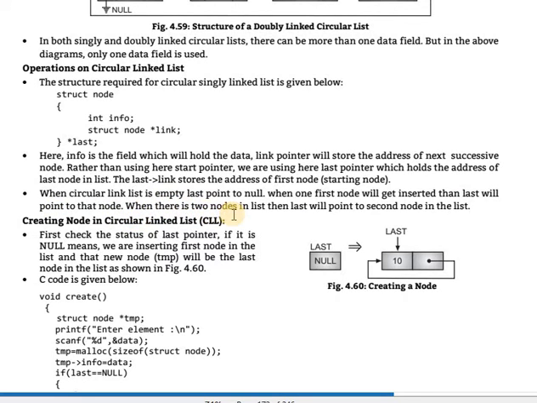When there are two nodes in the list, then last will point to the second node in the list. It means that when the first node is inserted in the list, the last pointer is connected to that node, and when there are two nodes in the list, then last will point to the second node.